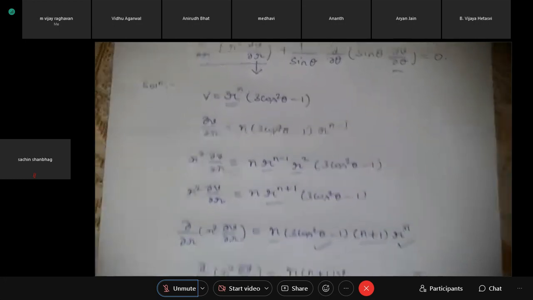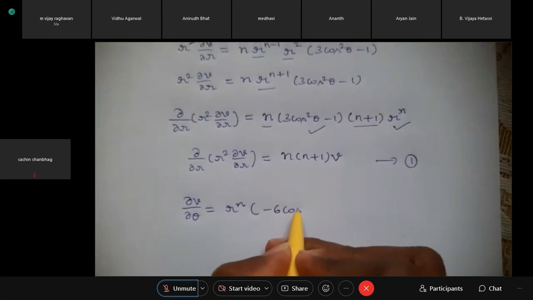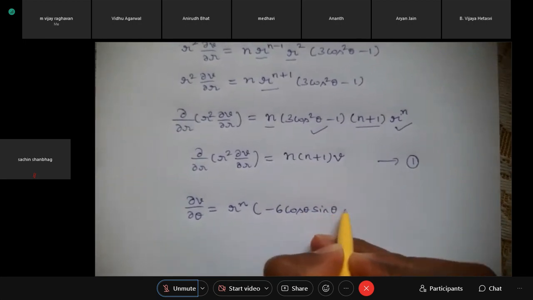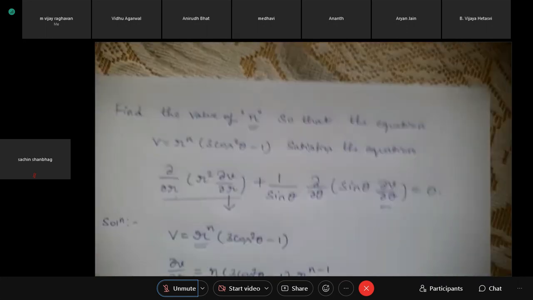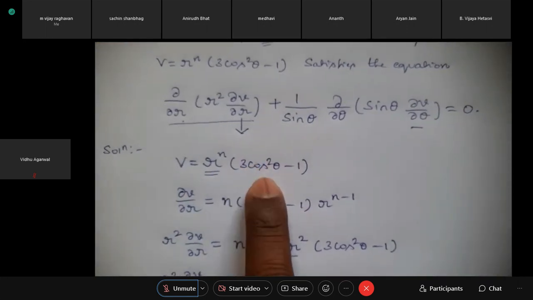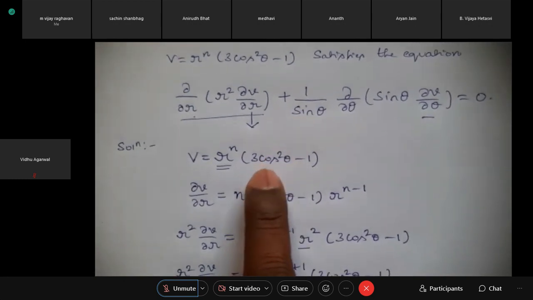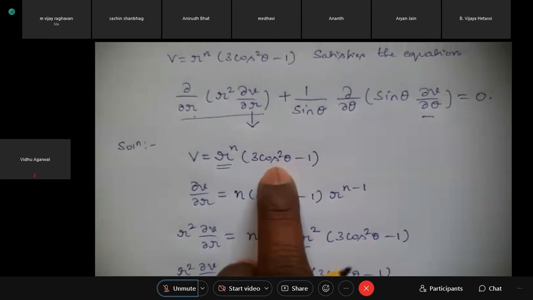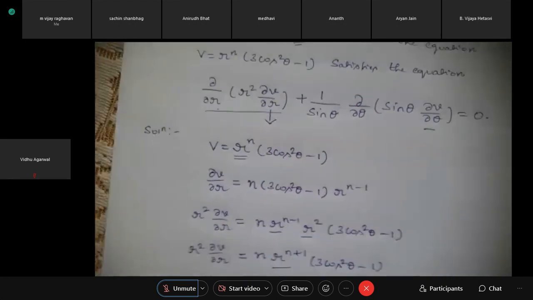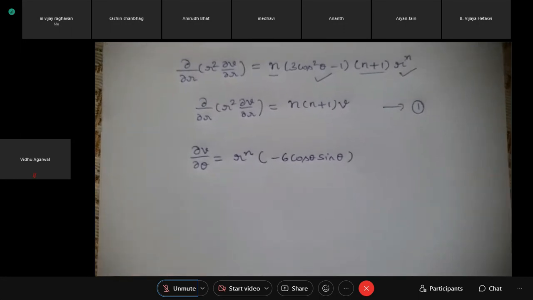Minus 6 sin theta, or minus 6 cos theta? No, please observe. It is of the form x power n. Because of that, you will write 2 cos theta, that is the term differentiated for cos square theta, into differentiation of cos theta, which will become minus sin theta. Hence, can I say it is minus 6 cos theta multiplied by sin theta?